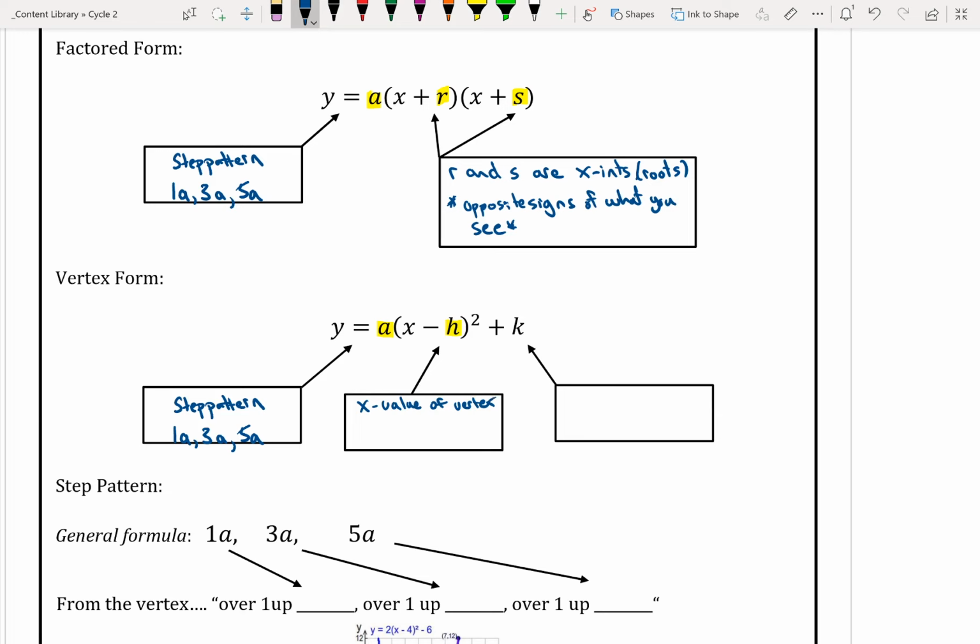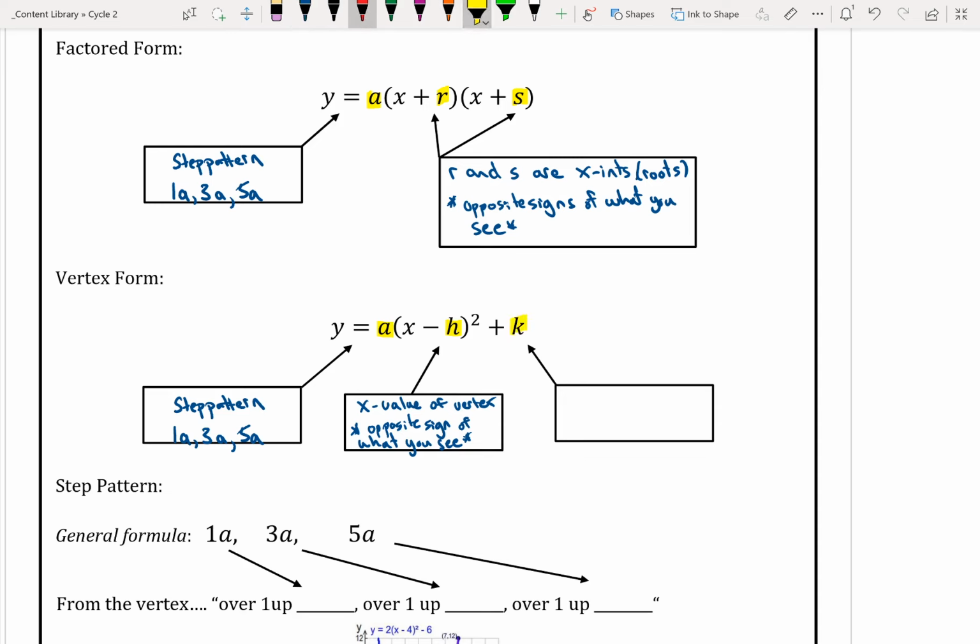So in our vertex, we have an x and a y value because it is a point, but the x value is represented by H, and again, it is the opposite sign of what you see. So similar to the factored form, it's the opposite of what we see.